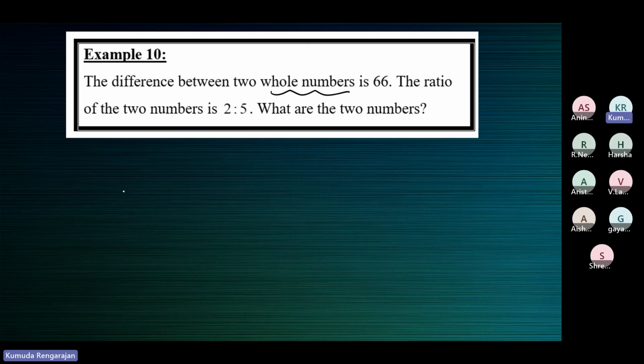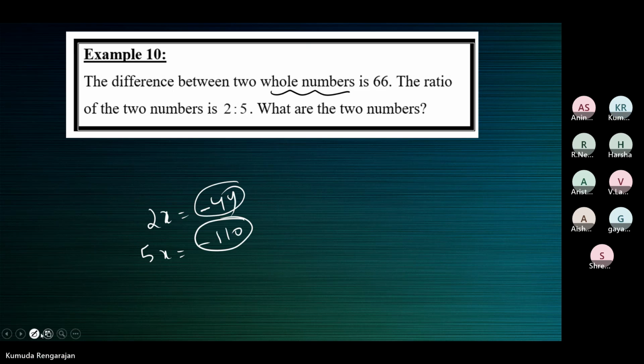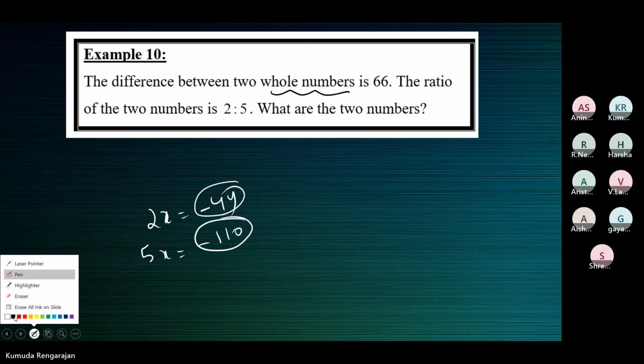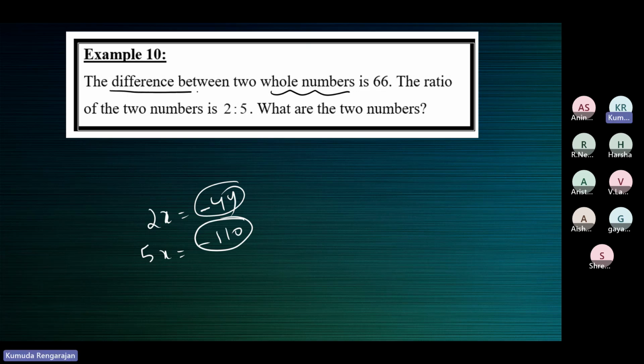Anantika, we got 2x is equal to minus 44 and 5x is equal to minus 110, right? Yeah, but they're not whole numbers. The difference between two whole numbers is 66.